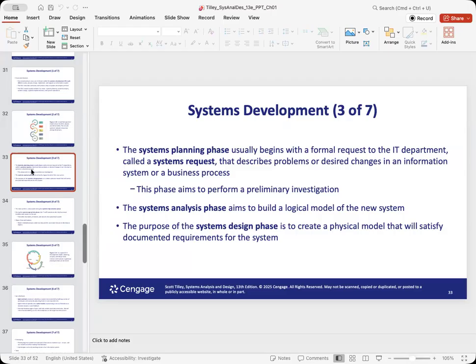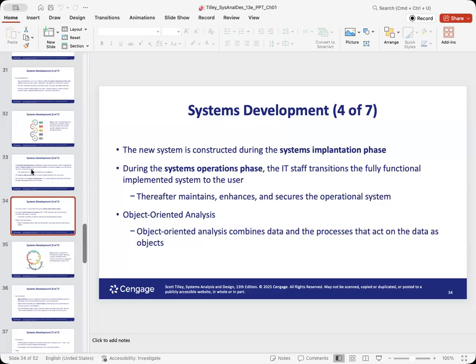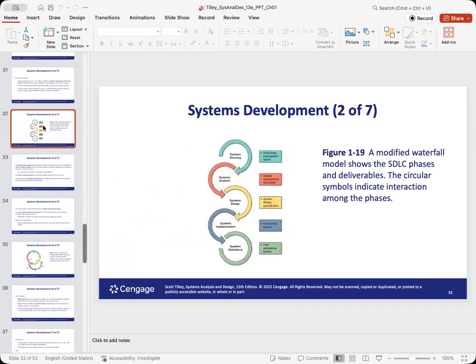And this describes the problems or the desired changes in an information system or a business process. The new system is then constructed during the system's implementation phase. Okay, so you request the system, that's the systems planning phase.